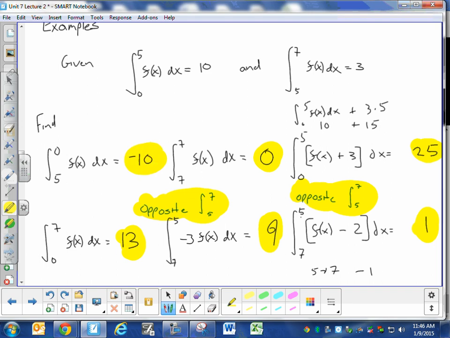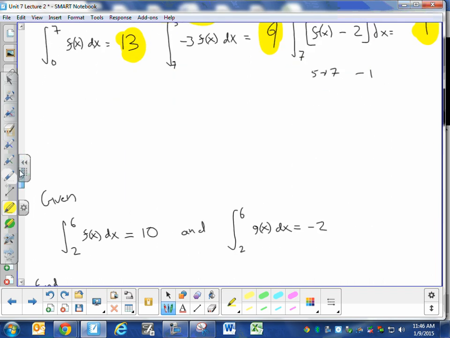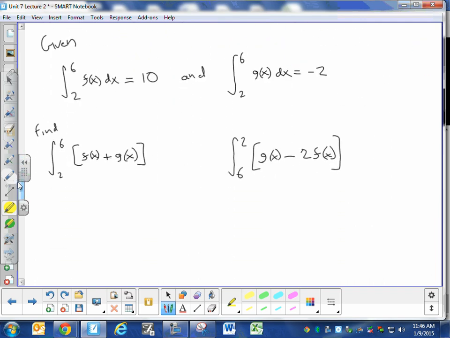All right? Questions? Let's do some more. Integral from 2 to 6 of f dx is 10. Integral from 2 to 6 of g dx is negative 2.